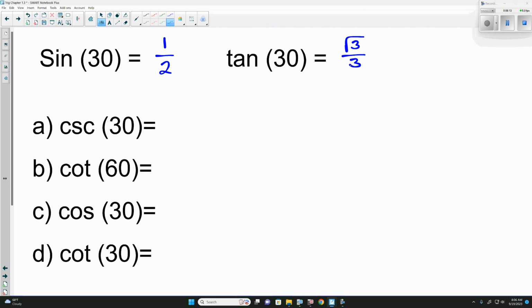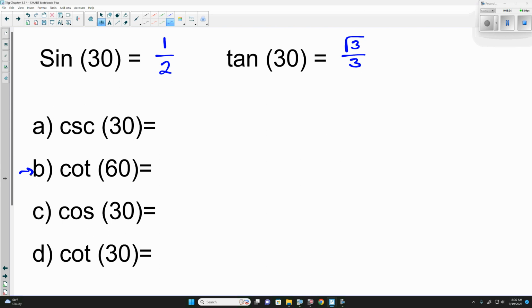Now, most of these here we could calculate with a calculator and go from there. But if we wanted to do these, well, I'm going to just jump to B. Here, cotangent of 60.